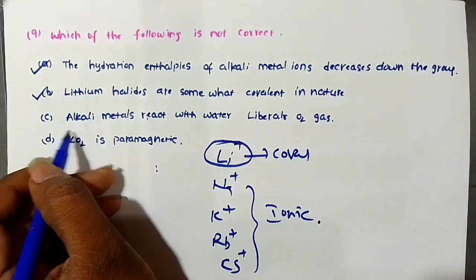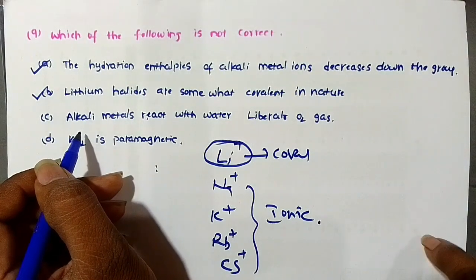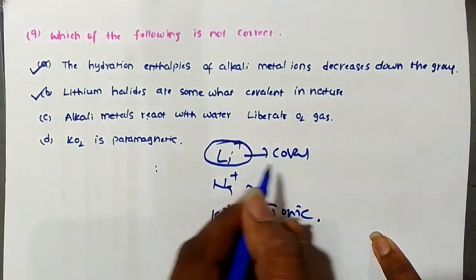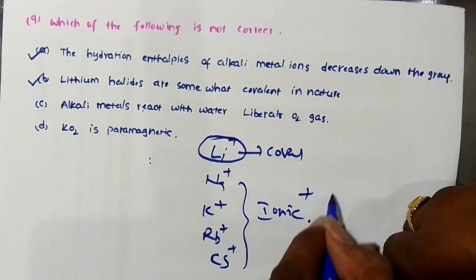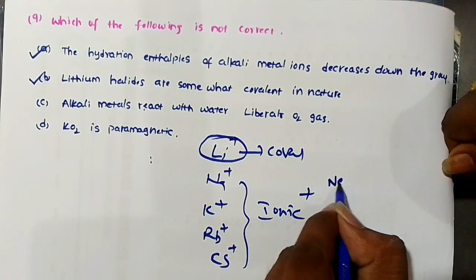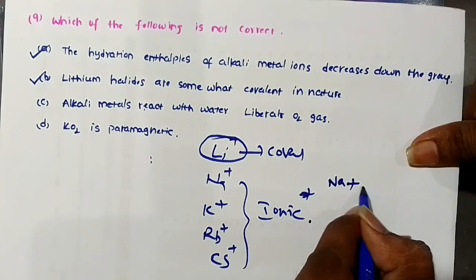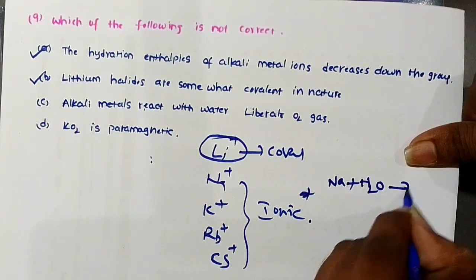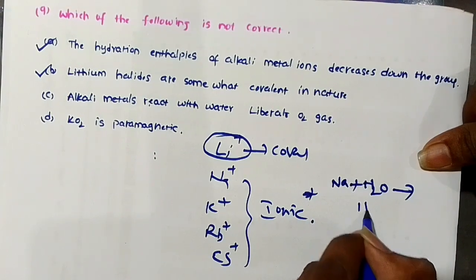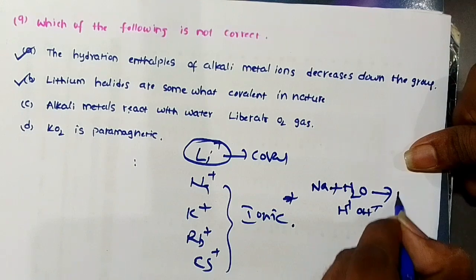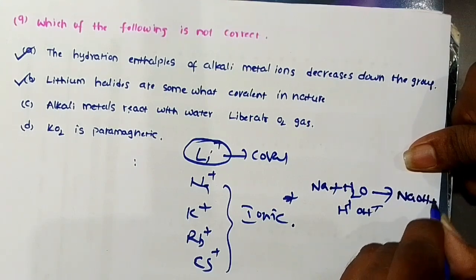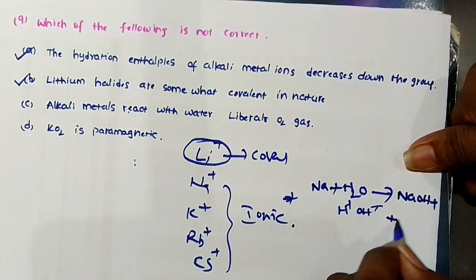Next, alkali metals react with water and liberate oxygen gas. Take sodium and react with water. It produces H plus and OH minus. Na combines with OH to form sodium hydroxide, and H plus converts into hydrogen gas.